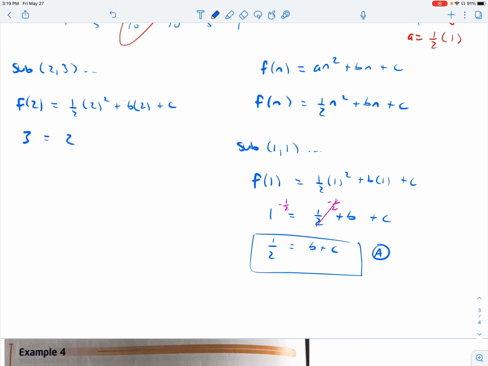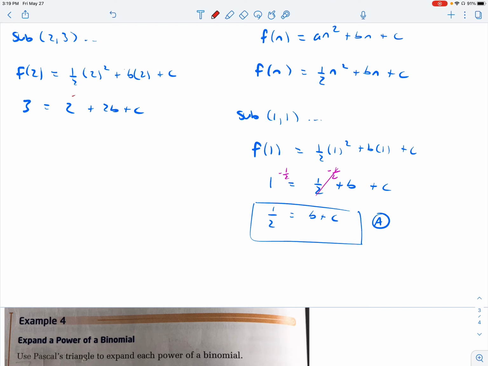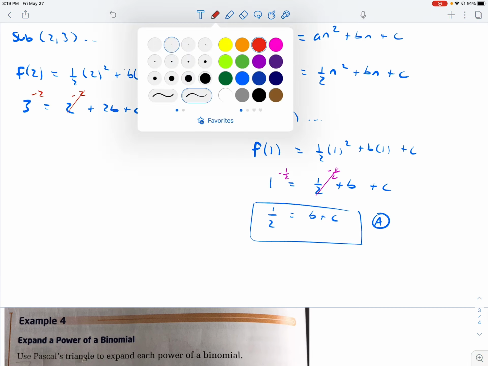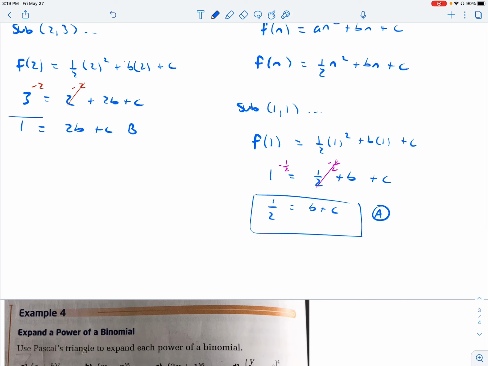Half of 4 is 2. Subtract 2 on both sides. We have 1 equals 2b plus c. Call this equation B.